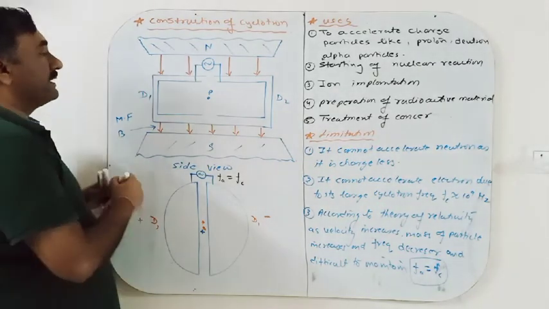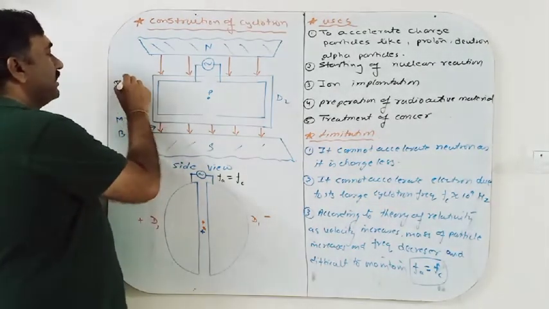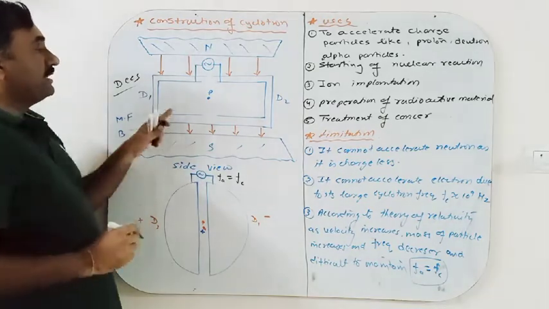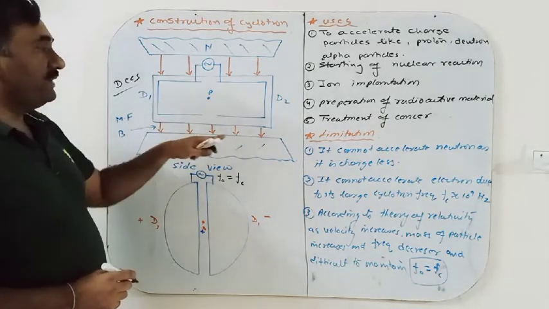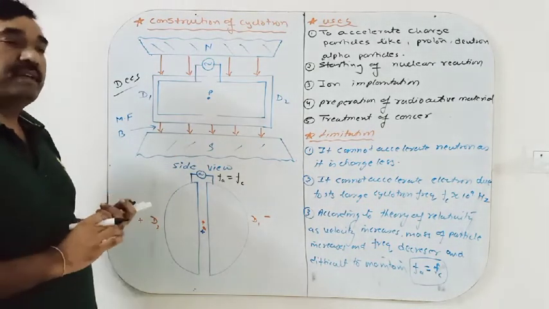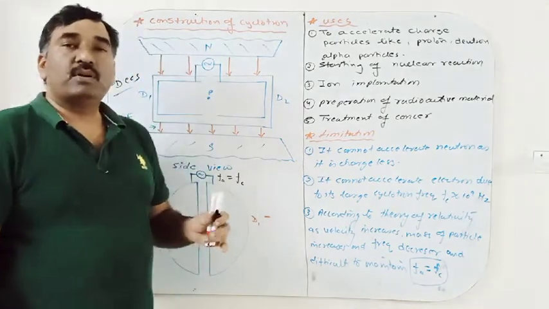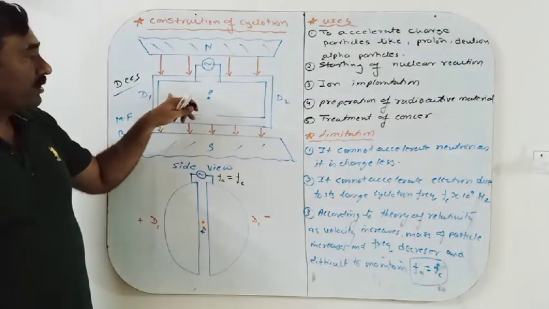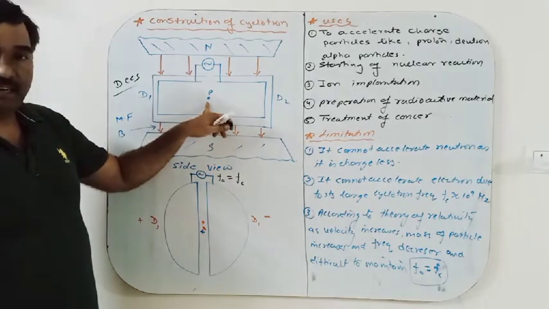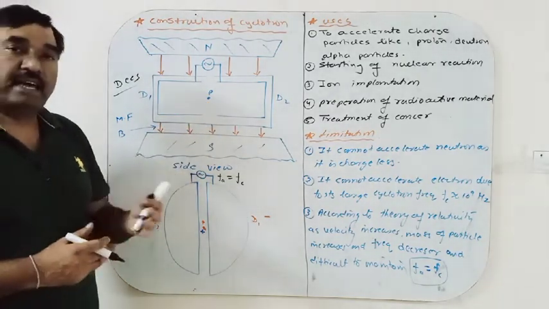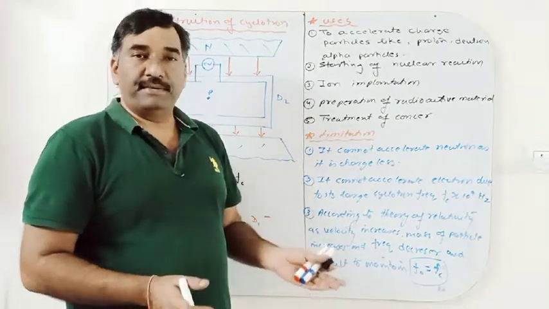We have two metallic Ds, D-E-E-S, Ds. These two metallic Ds are placed in an evacuated chamber. Why is an evacuated chamber used? Because if the particle accelerates, it will collide with the air molecules and its path will get deviated.